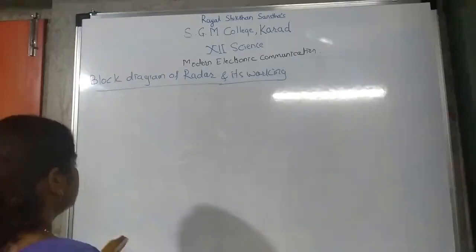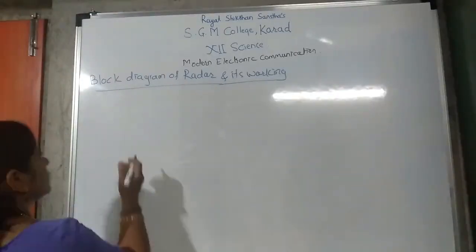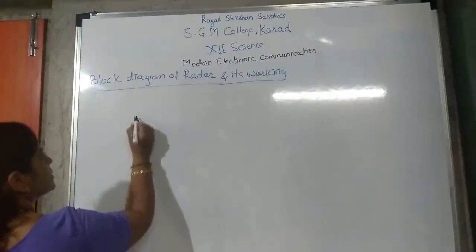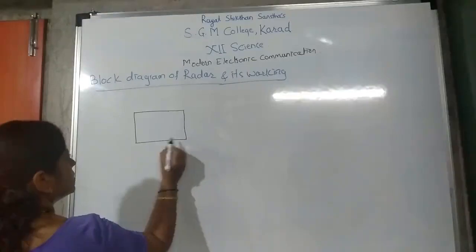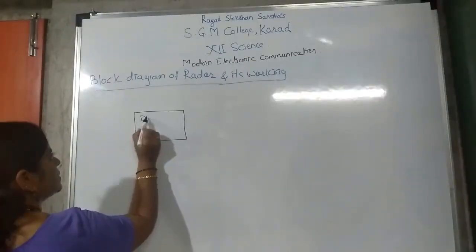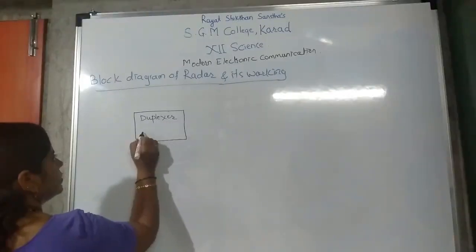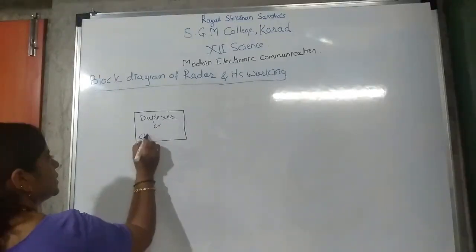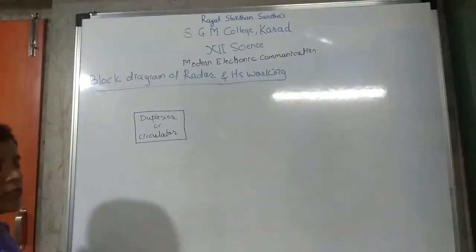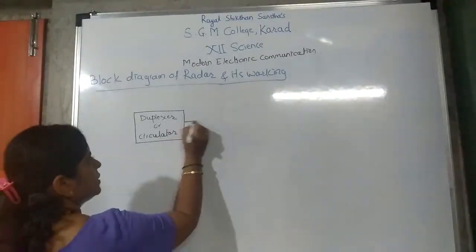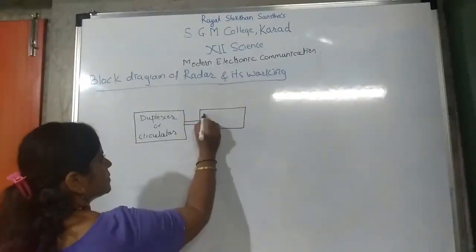First block of this is duplexer or circulator. Next is transmitter.